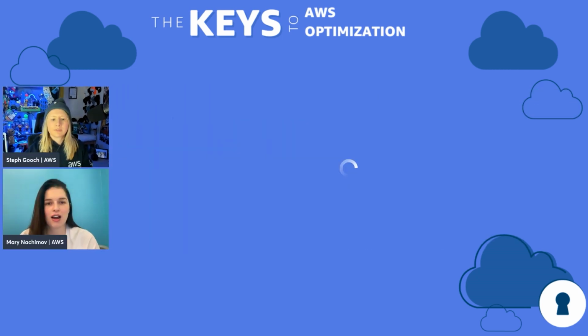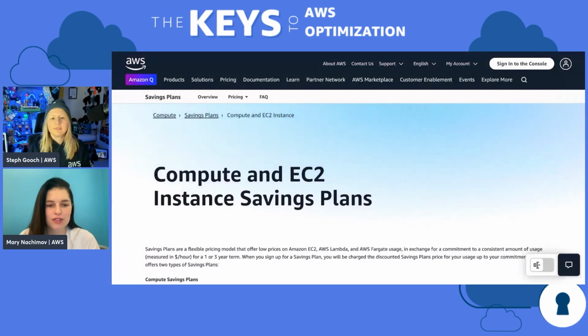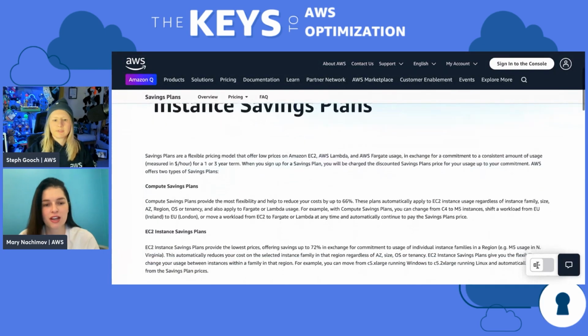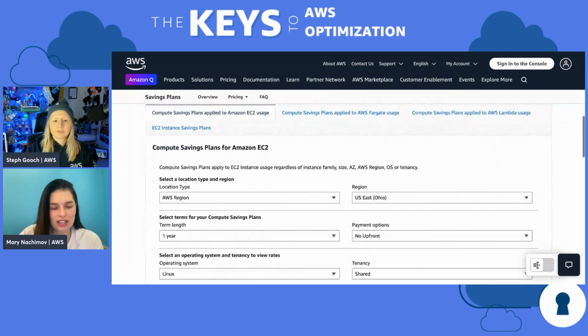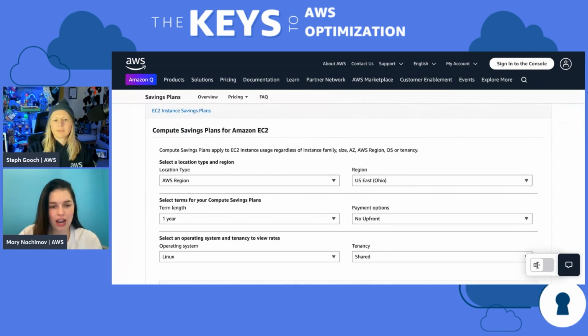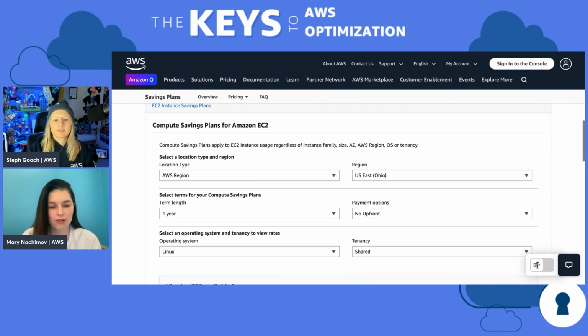Awesome. Okay. Did you want to get into anything else before we go into the demo? Yeah, before we start, maybe we should look at the pricing page and the discounts that we offer for EC2 instances when users purchase savings plans. On this page, you can see that for any type of savings plan, any region, and any instance type, there's a different discount.